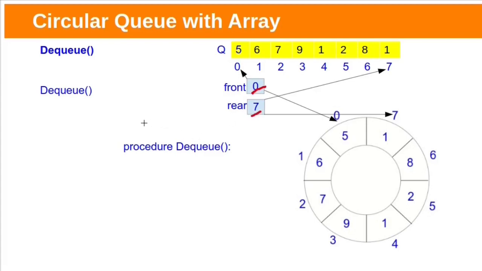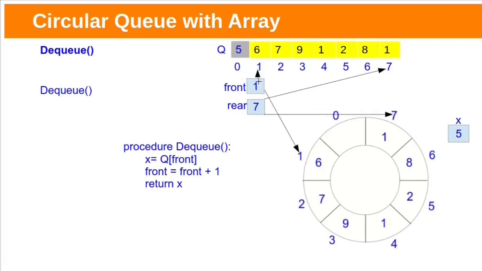Front is at index 0 and rear is at index 7. If we want to remove an element from the queue, we need to perform DQ. If the queue is not empty, then DQ should return the least recently added item. Here 1 is the most recently added item, so the least recently added item will be 5, which means DQ should return the element at index front.